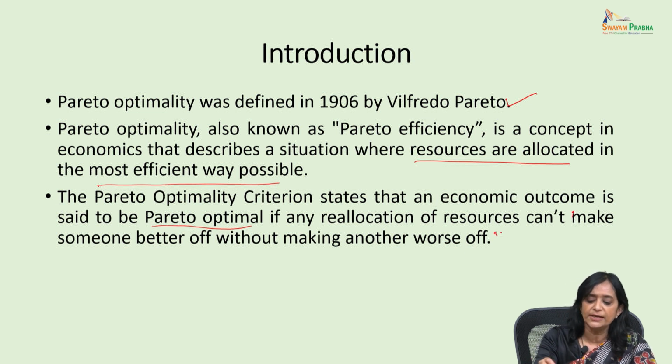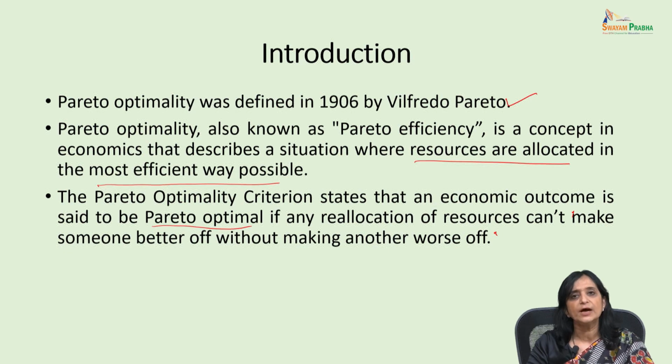So if we are going to reallocate these resources, whether it is factor inputs or the choices of goods made by the consumer, and this reallocation helps us make at least one person better off without making anyone worse off, we say that economic outcome is efficient. And that is what is also called Pareto optimality.